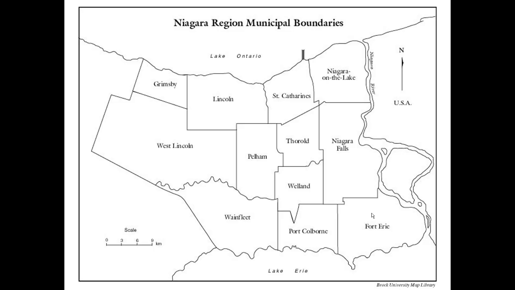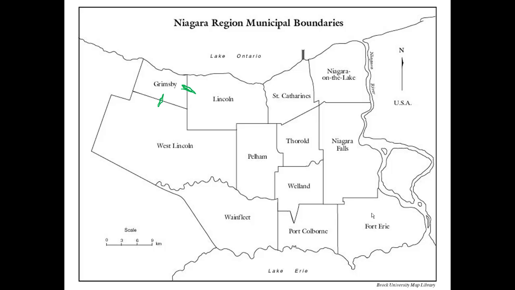So here's our map, and first we're going to assume that there are symmetrical linkages, right? If it's symmetrical, that means Grimsby to Lincoln, that box gets a 1, and Lincoln to Grimsby, that box would get a 1 as well on the connectivity table. So Grimsby and Lincoln are connected.